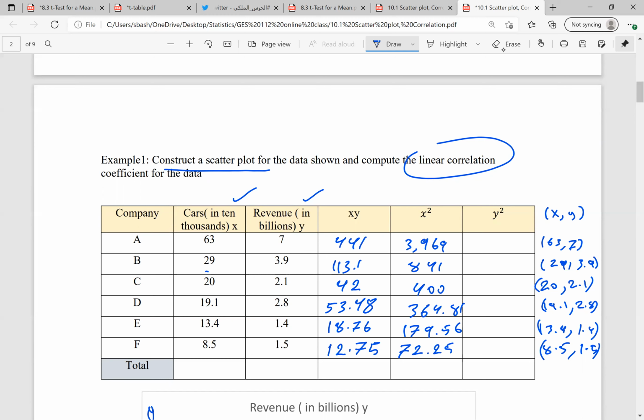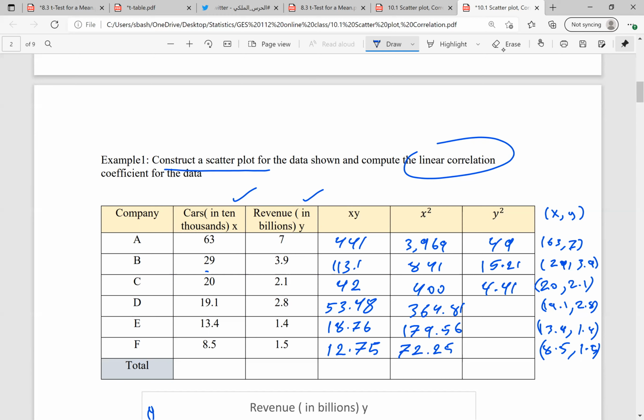Now for the y squared, also we need to square it. First one will give me 49. Next one, I have 3.9 squared, that will be 15.21. Next one, I have 2.1 squared is 4.41.